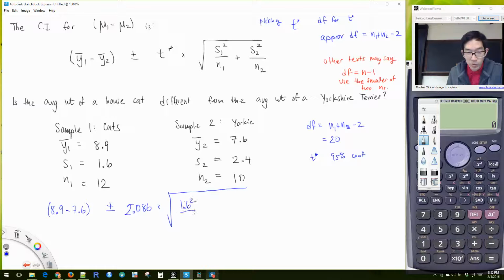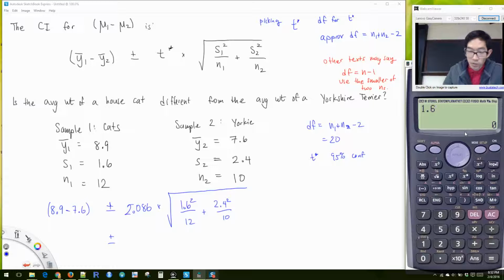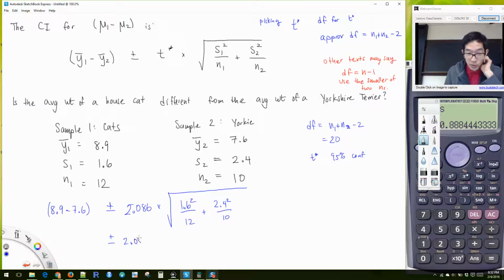So T star, 95% confidence, degrees of freedom 20, is 2.086 times the square root of 1.6 squared over 12 plus 2.4 squared over 10. Punching this into the calculator, I like to just punch this in and then take the square root of the answer, and I get 0.8884.